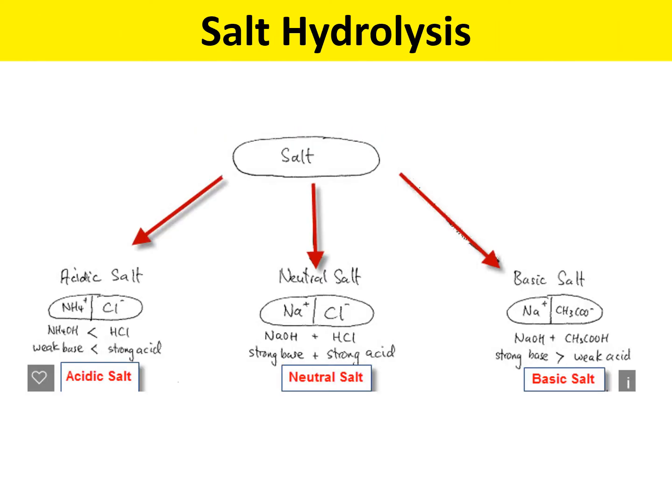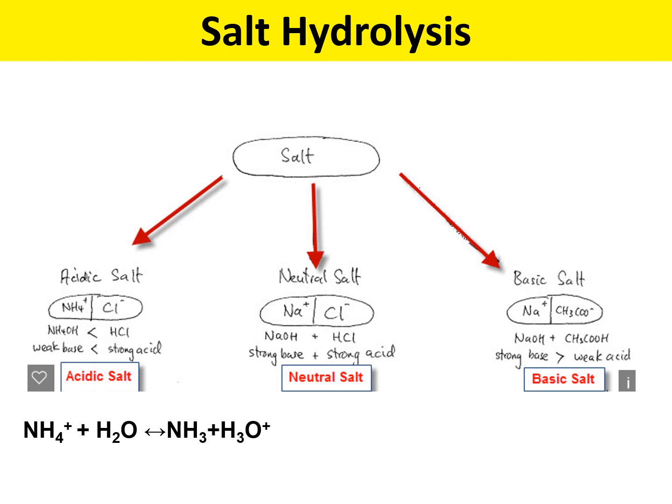If we look at an acidic salt, for example, the salt of a strong acid and a weak alkali, we can see that the positive ion reacts with water, donating a proton and forming a hydroxonium ion, and this gives us an acidic solution.